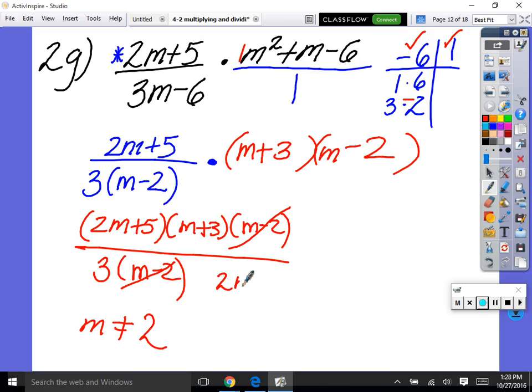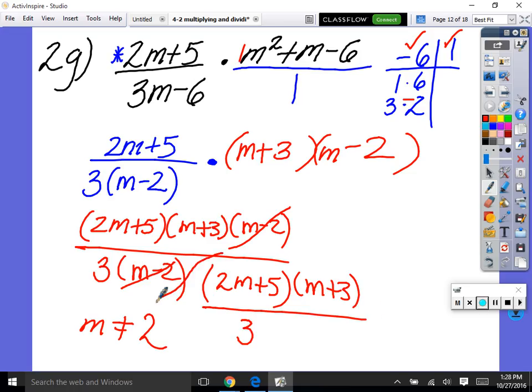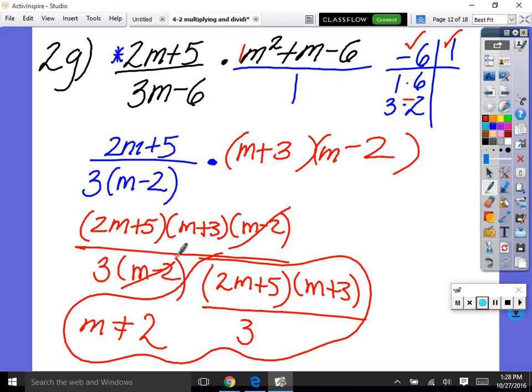So our answer is 2n plus 5, leave it in factored form, times n plus 3, all over 3, as long as n does not equal 2, because then it's undefined. Feeling good about this? The reason we went through this one is because we had something that didn't have a fraction, but it technically did, with 1.